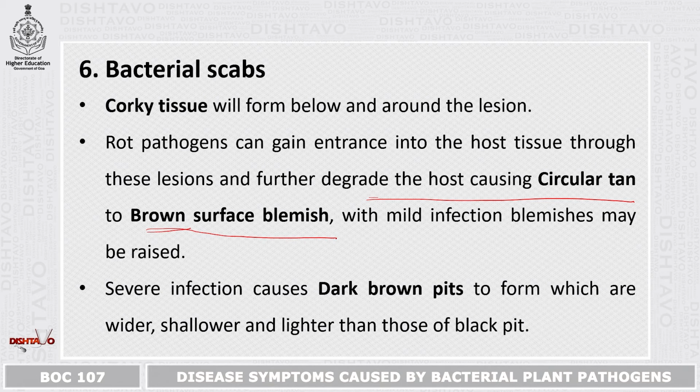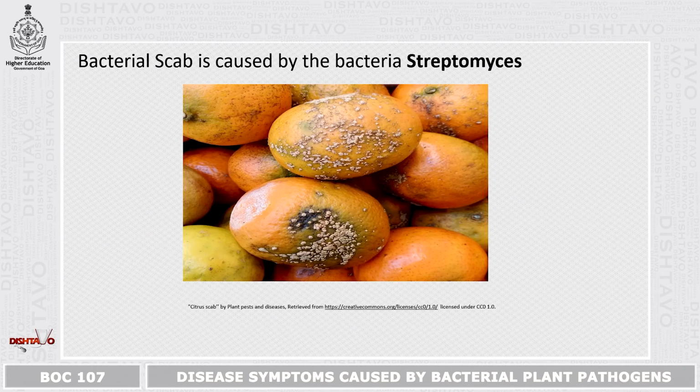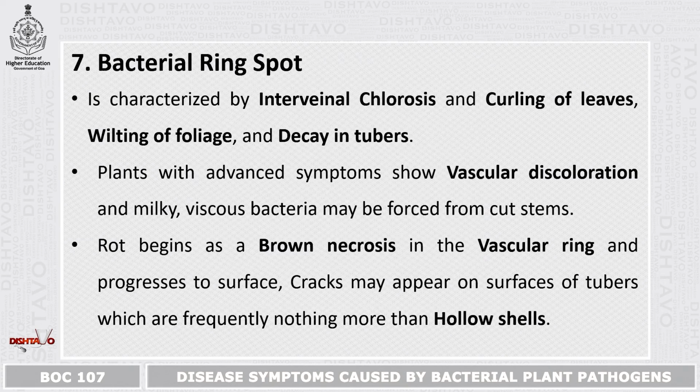With mild infection, the blemish may be raised, and with severe infection, it will cause dark brown pits, which are much wider, shallower and lighter than those of the black pits. The example I have given is bacterial scab which is caused by the bacterium Streptomyces. The picture is of citrus scab which is caused by the bacteria.